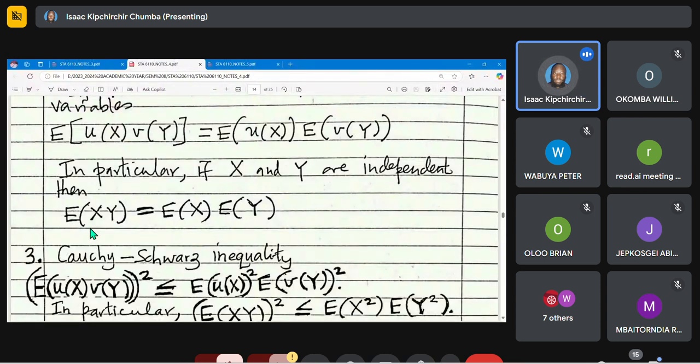Usually independence simplifies what could seem complex or complicated. Even when simplifying problems, when you are dealing with independent random variables, you'll find they are simpler.